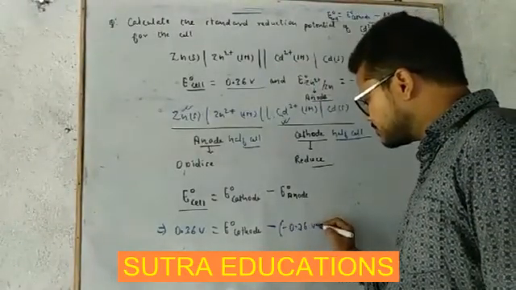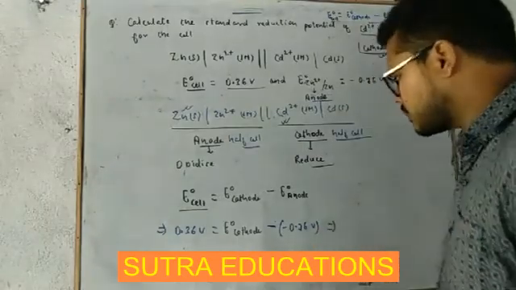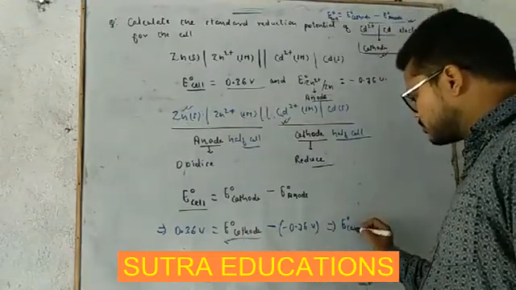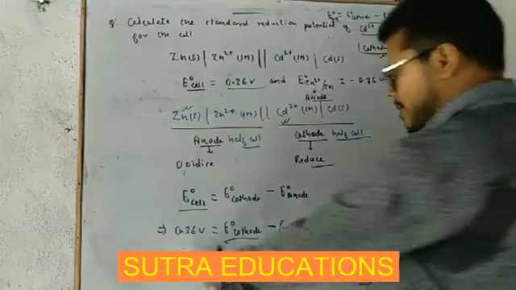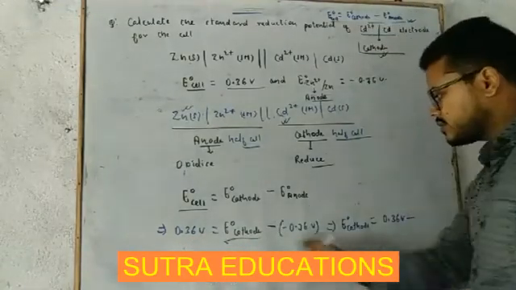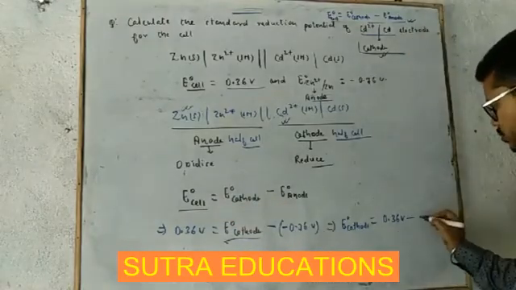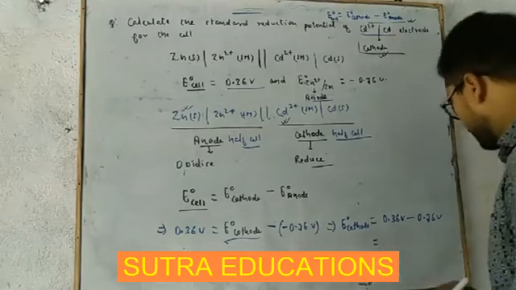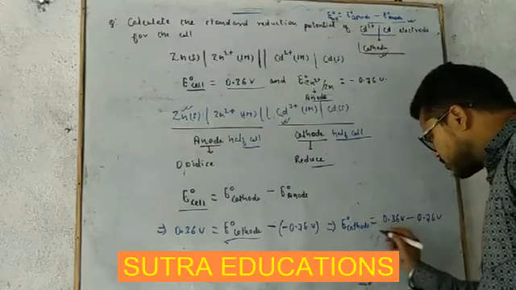Or we will say E naught cathode is equal to 0.36 volt, minus minus, so that side it will become minus 0.76 volt. So it will give you minus 0.40 volt.